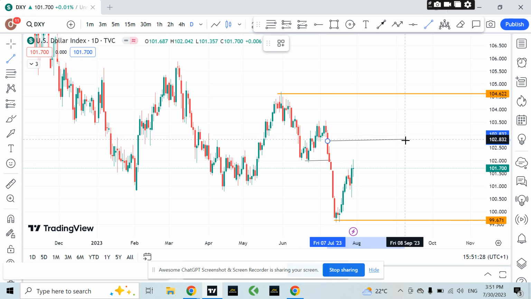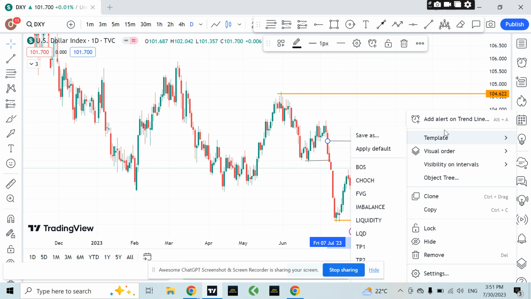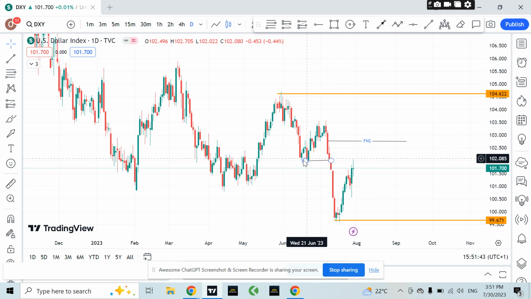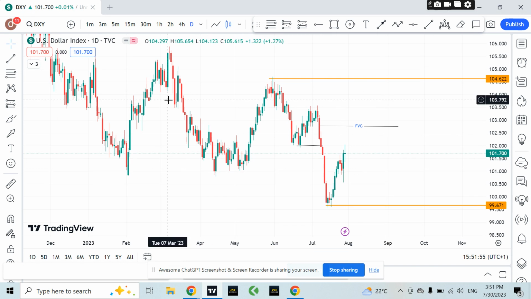Let me mark that out. Remember, this is still the daily time frame, and this is not even where we want to look at our precise entries. We have this support break at this level, and this other one, telling us we are moving down, and we have this recent low at this level.